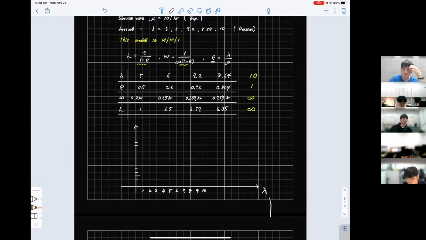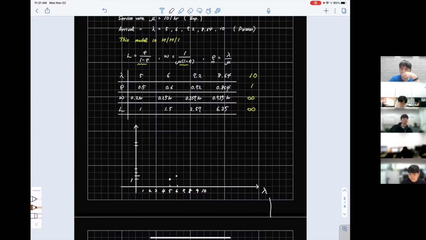When lambda is 5, the Q length is 1, so the first point is plotted here. The second point is 6 and 1.5, around here.